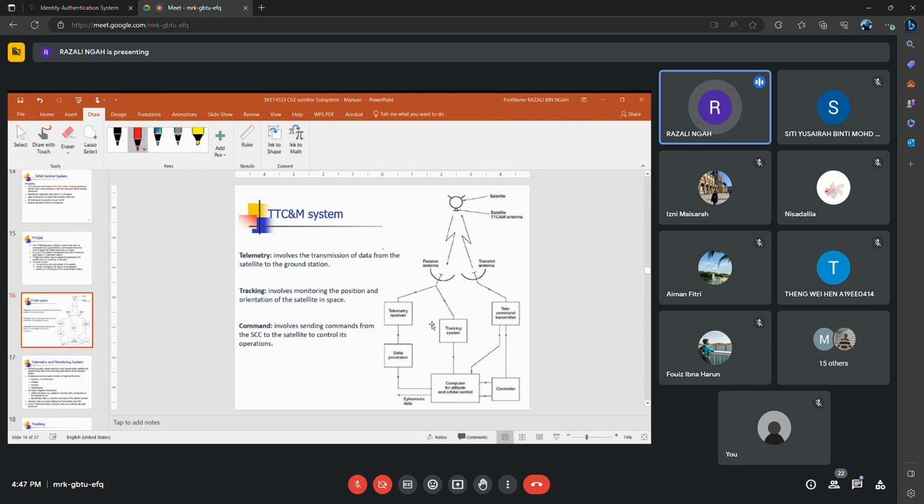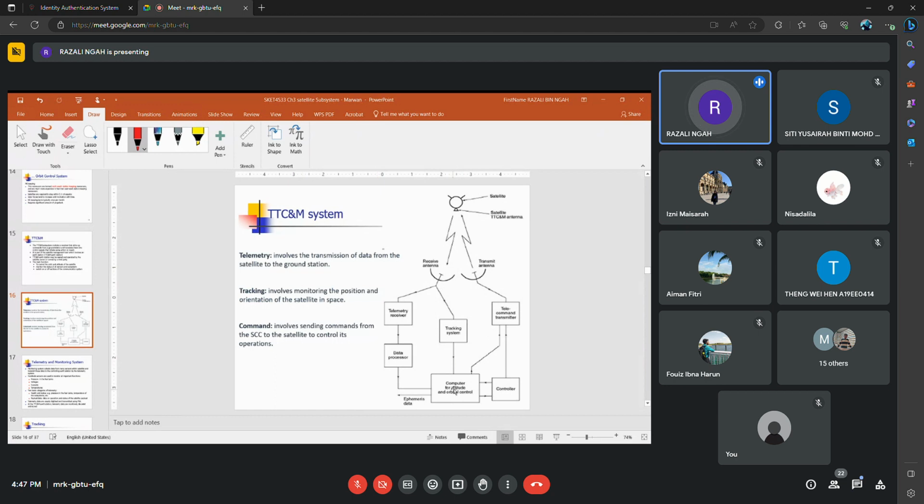Tracking involves the information that we gather. We process the information in order to monitor the condition, the position, and the orientation of the satellite. So that's tracking, based on telemetry data.